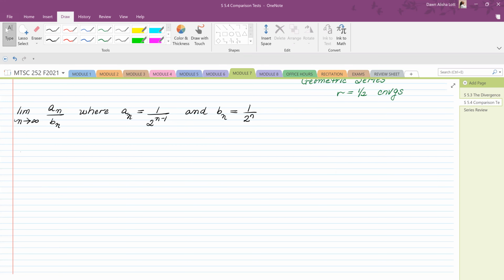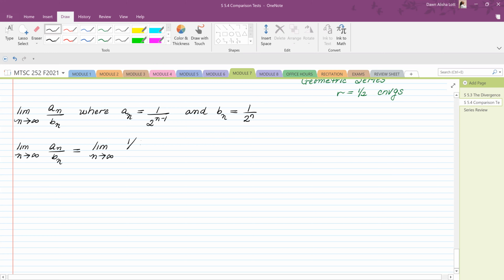So let's check the limit. This limit as n approaches infinity of an over bn is the limit as n approaches infinity of 1 over 2 to the n minus 1, divided by 1 over 2 to the n.